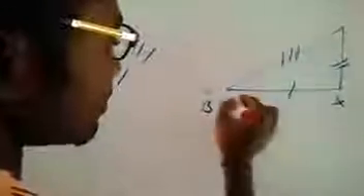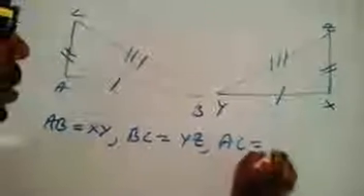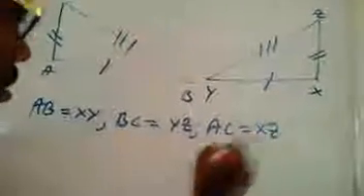And because of that, we say that triangle ABC and triangle XYZ are congruent. Why? Because AB is equal to XY, BC is equal to YZ, and AC is equal to XZ. So if these conditions are met, we can as well say that these two triangles are congruent.